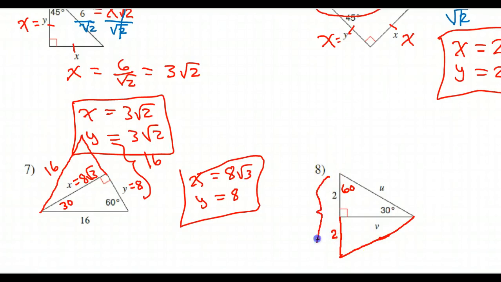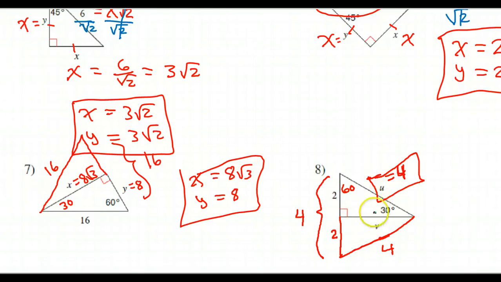That means this side of my equilateral triangle is 4, which means that all of these sides are 4. That helps me see by common sense that u is equal to 4, because it's equilateral, 4, 4, 4, but this one was just split in half.